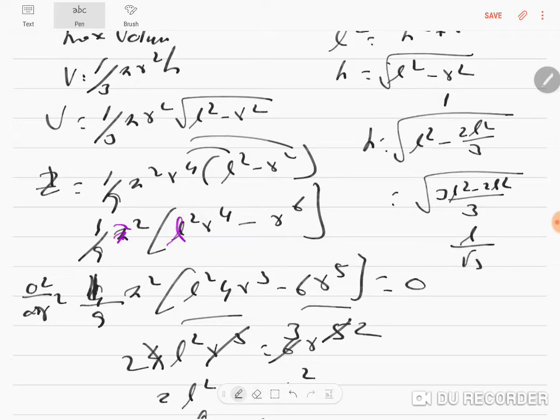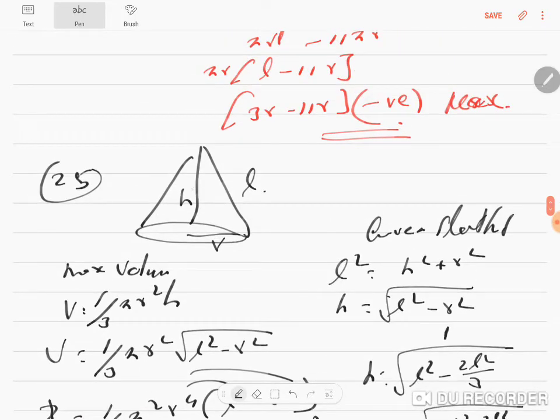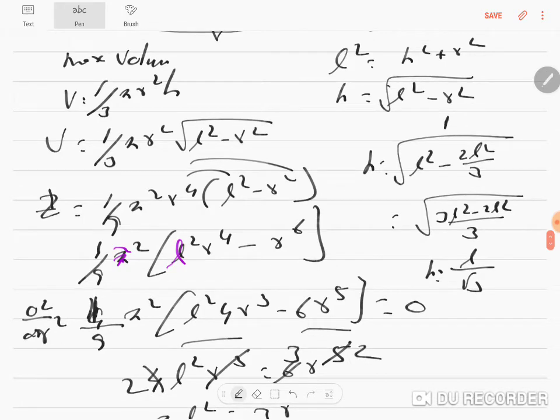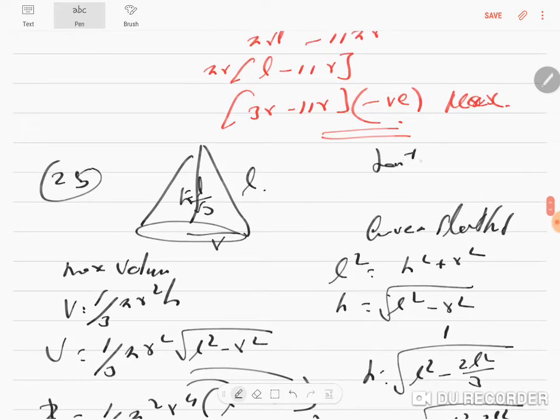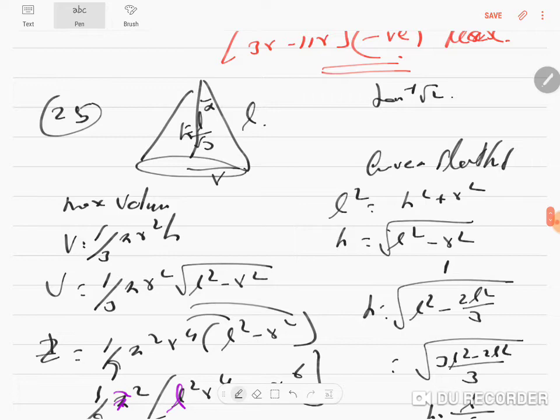Yeah. So what can we do now? This is my height. Can I substitute that here? h is equal to L by root 3, correct? And they want me to prove that it's tan inverse. Read the question. Tan inverse is the semi-vertical angle. So I need the opposite and adjacent.